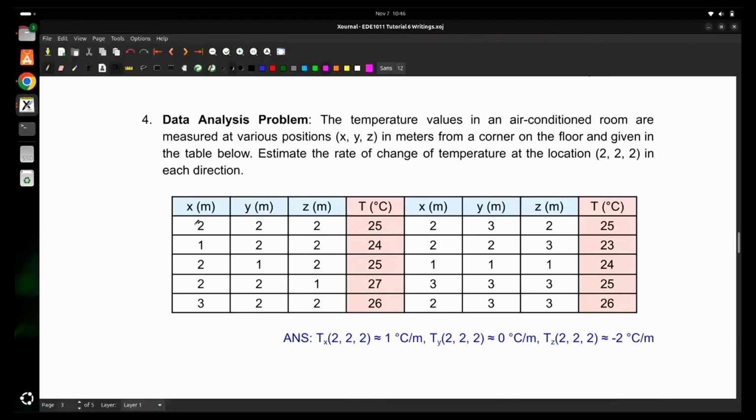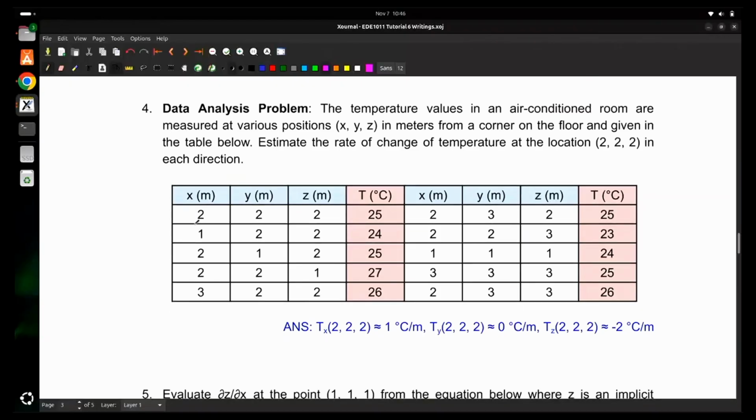So they take a thermometer or thermocouple, and at every interval of 1 meter, they measure the temperature at some points. So you're supposed to estimate the rate of change. First of all, we are looking at the location 2, 2, 2.